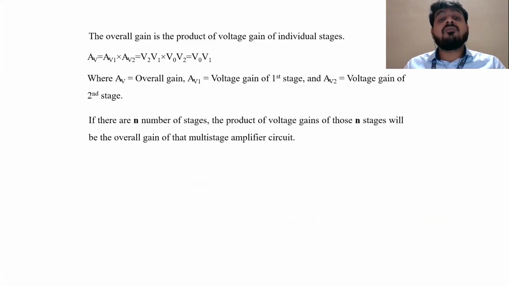So that's why we will eliminate that. So at the end, what will happen? It is nothing but V0 over V1. Clear? It depends on how many stages I am using for the multi-stage amplifier circuit. Hope the concept of the multi-stage amplifier is clear.